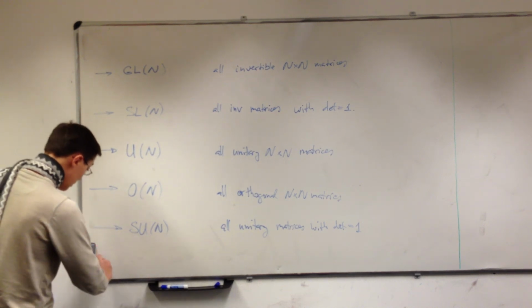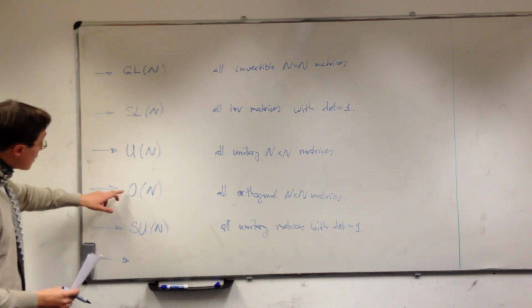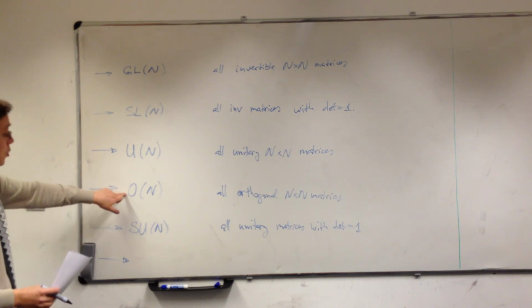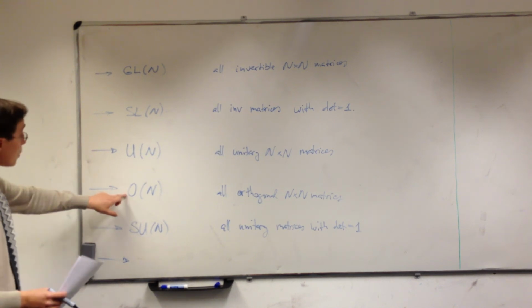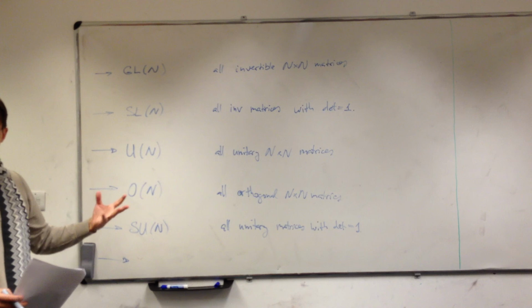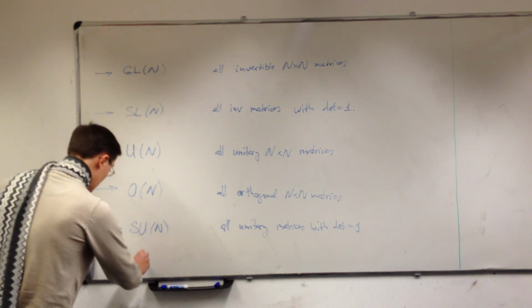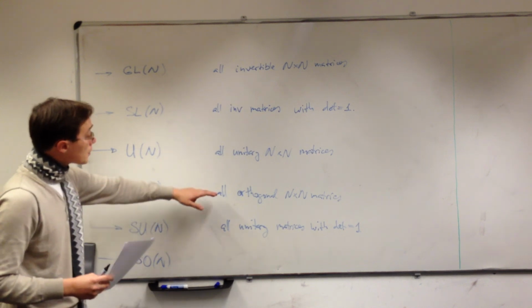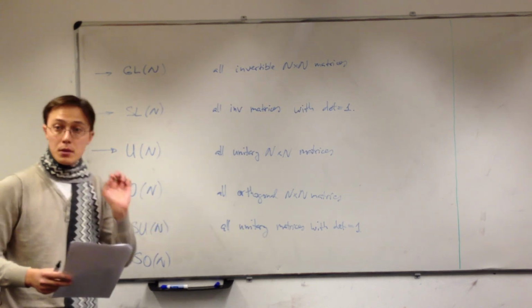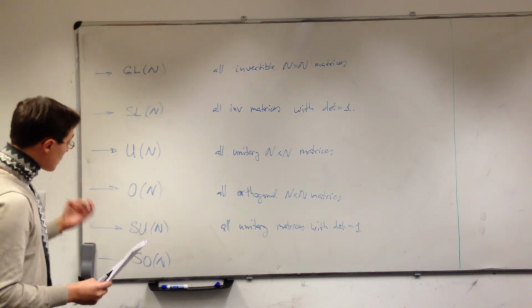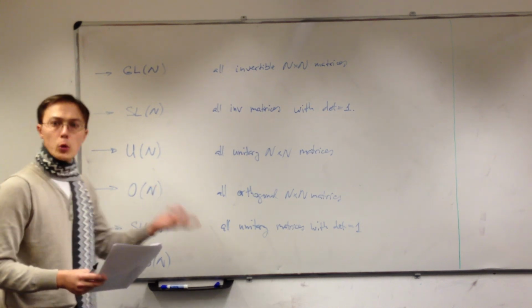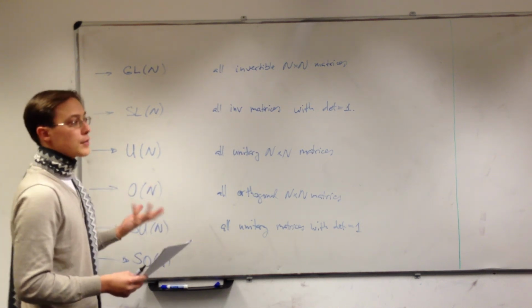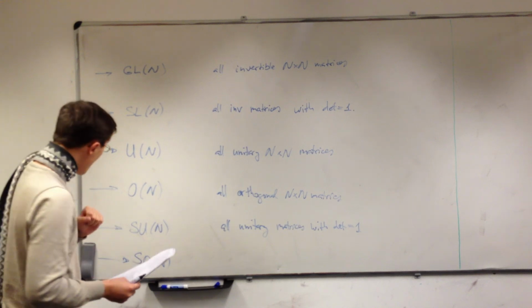And finally, because we often would like not just to have rotations and inversions, but just simply rotations without the inversions, we can have SON, which is a group of all orthogonal matrices with the determinant equal to 1. And the determinant equal to 1 ensures that there are no inversions in there, which would have determinant -1, for example.